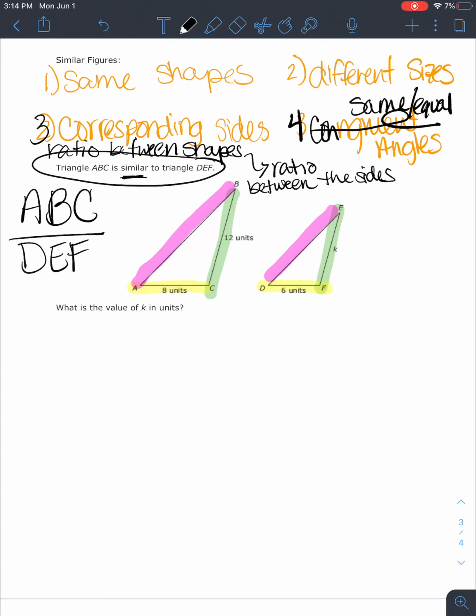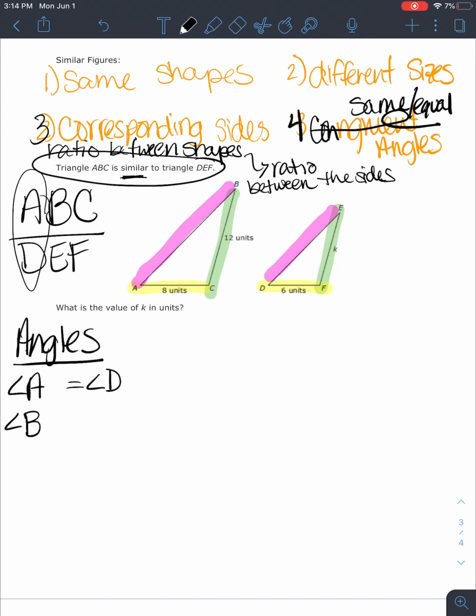So what this is telling me, as we've talked about before, is with my angles, angle A right here goes with angle D. That's the beauty of stacking these names.